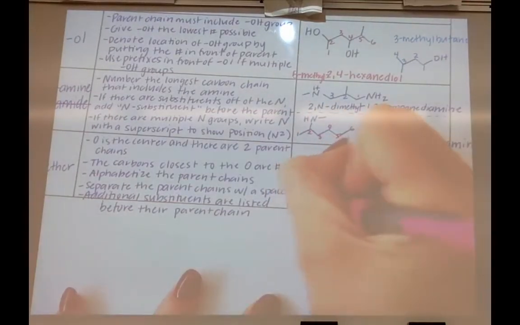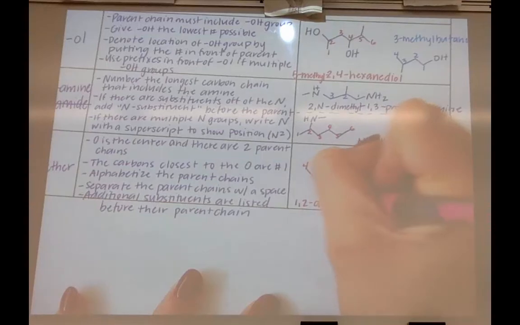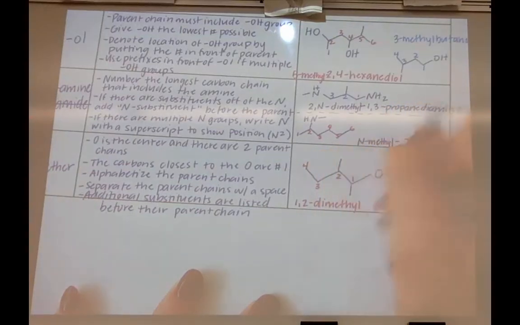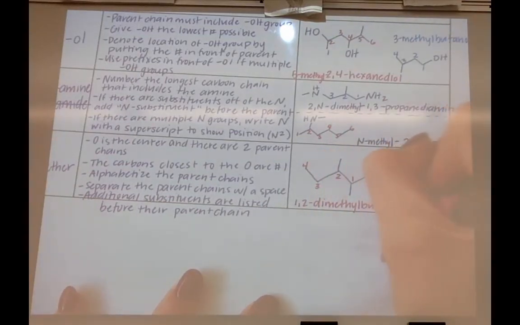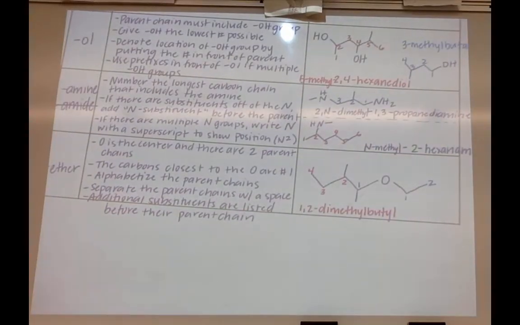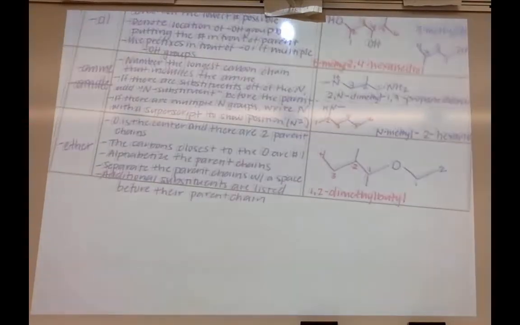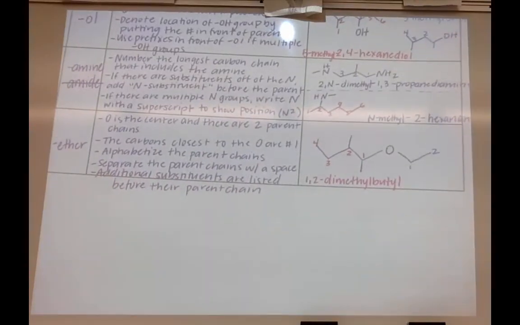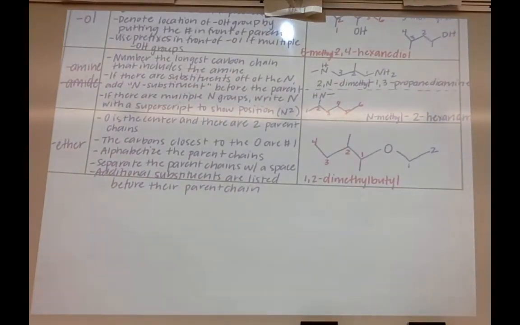So 1,2-dimethylbutyl. We're not done yet, but that's the first part. That's the first parent chain. It's a substituent off of the ether.